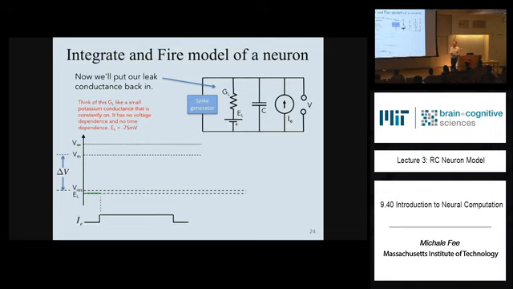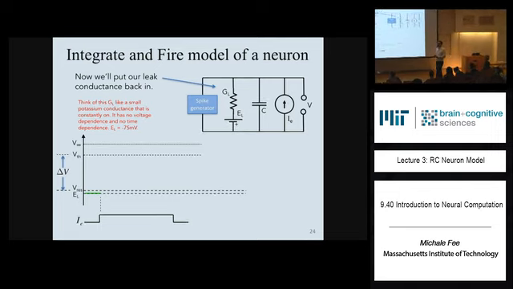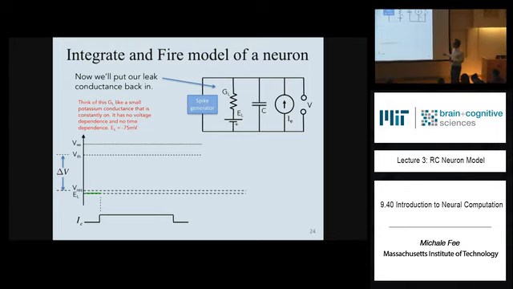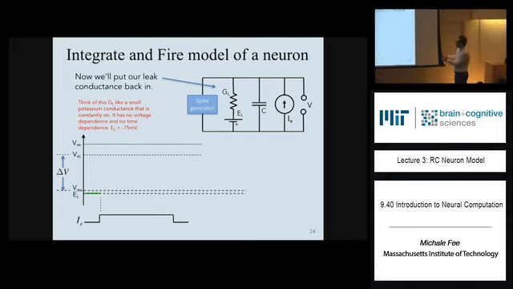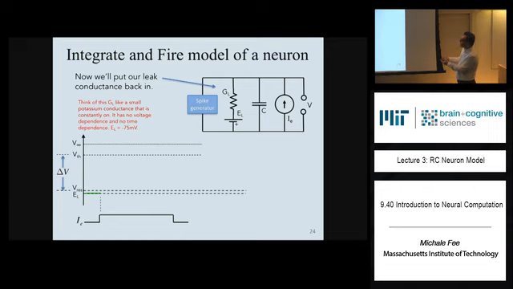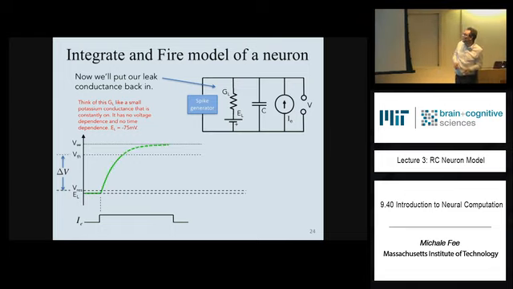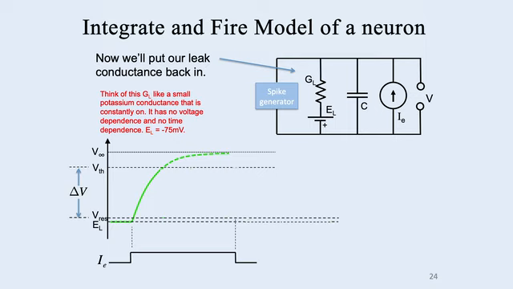Yes. It relaxes. Good. The voltage starts here because there's 0 injected current. As soon as you inject current, V infinity jumps up to here, let's say. The voltage relaxes exponentially toward V infinity until it hits the threshold. Very good. Okay, then what happens?